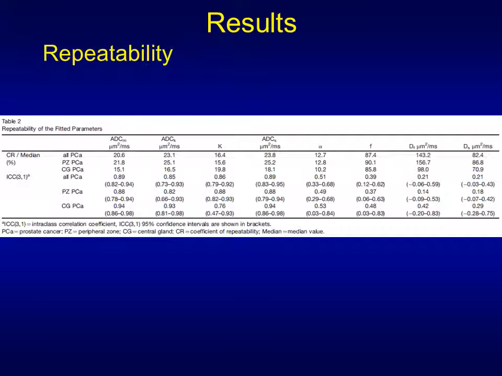In contrast, other parameters demonstrated lower repeatability, meaning higher coefficient of repeatability values or lower ICC. The coefficient of repeatability values for the alpha parameter were relatively low, but this needs to be interpreted in conjunction with ICC values, because there were small differences between the repetitions but also between the subjects for the alpha parameter.